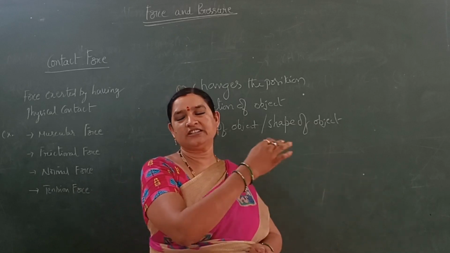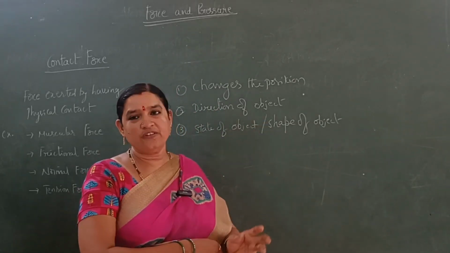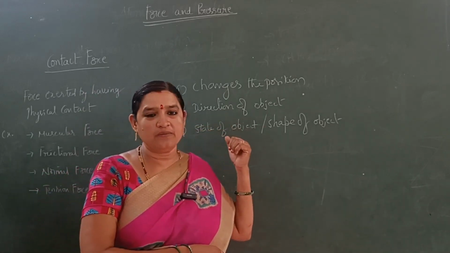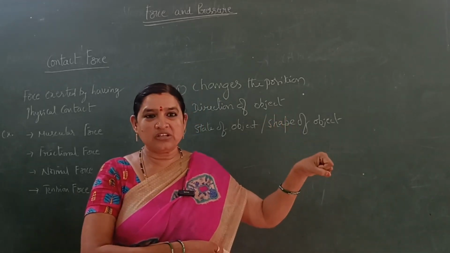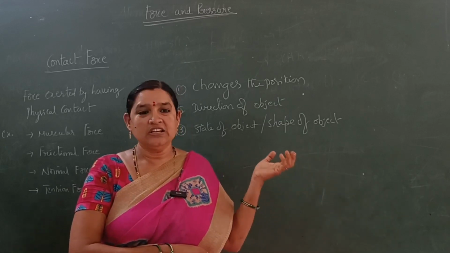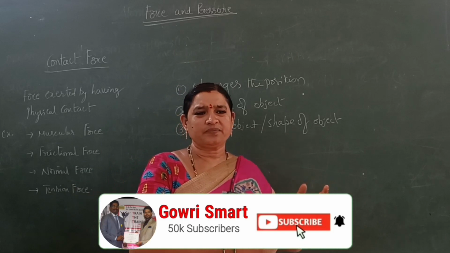Immediately the ball's direction changes. So force can affect the direction of the ball also. In the same way, the state or shape of the object. If you take a sponge and apply force on that sponge, there is a change in its volume. There is a change in its shape. So force can change the shape of the object.